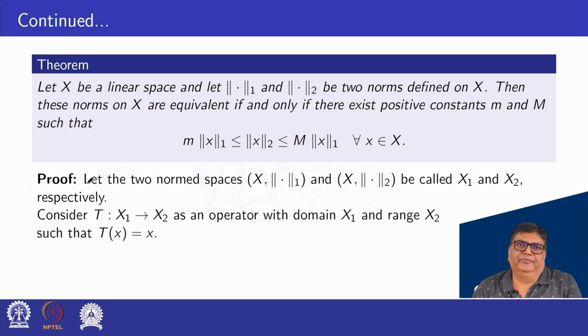Let us prove it. Let the two normed linear spaces, the ordered pairs (X, norm 1) and (X, norm 2), be called X1 and X2 respectively. Consider the mapping T from X1 to X2 as an operator with domain X1 and range X2 such that Tx is equal to x.